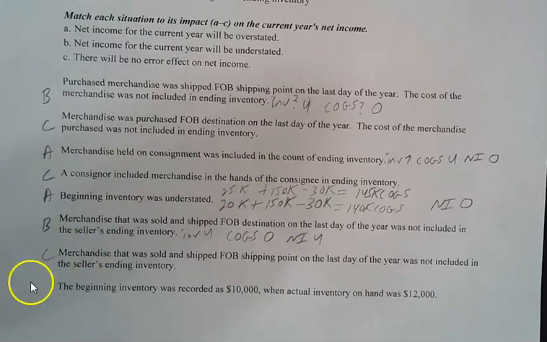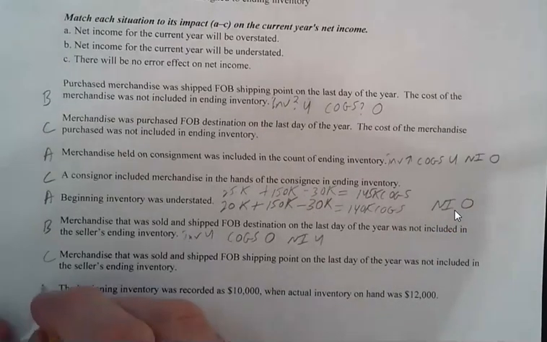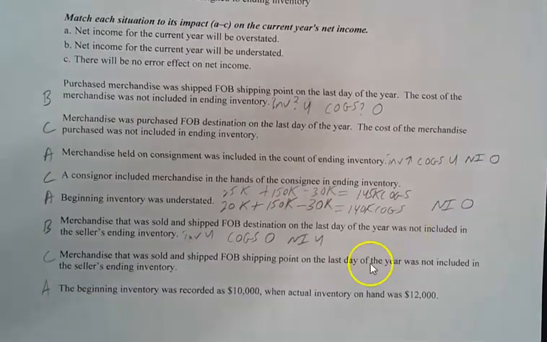And what you're going to find is, in this situation, that cost of goods sold is going to be understated. So when that happens, what's going to happen to net income? Well, it's the same answer as it is right up here. It's going to be overstated. Okay? That's the last one for this handout.